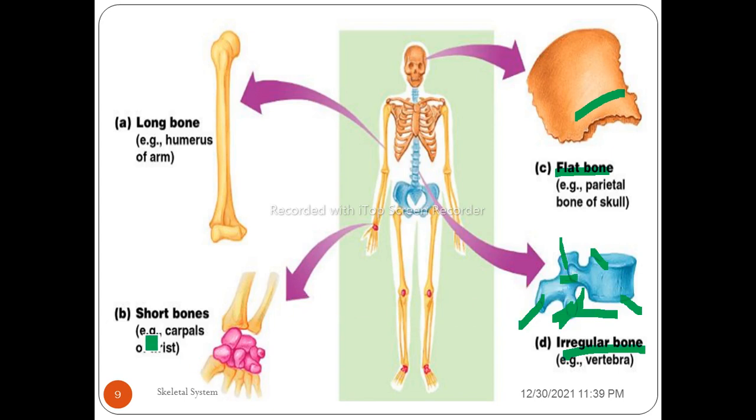And the other is short bones. The carpal bones of the wrist are considered short bones. The other is the humerus. This is a long bone, so its length is greater than its width. In carpal bones, the width and length are almost proportional. So this is an example.